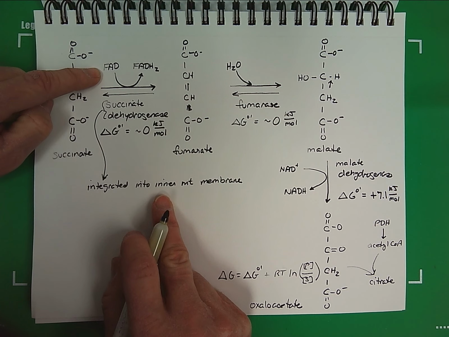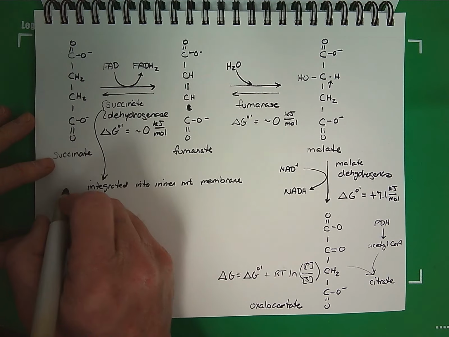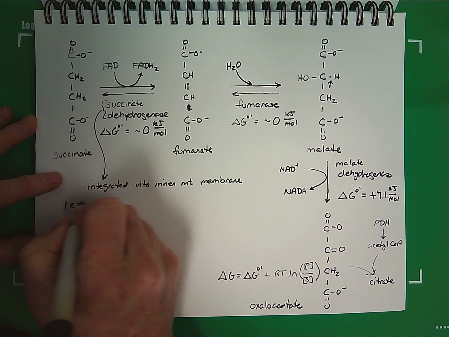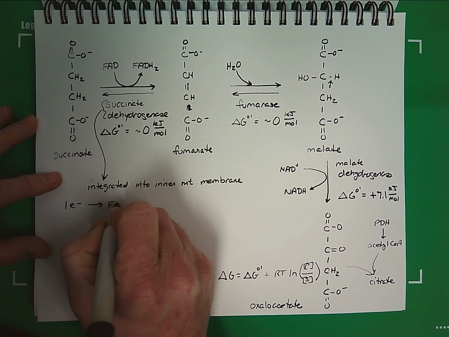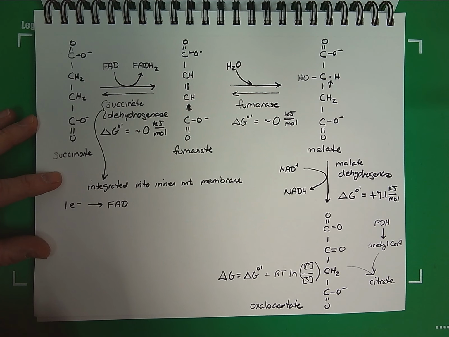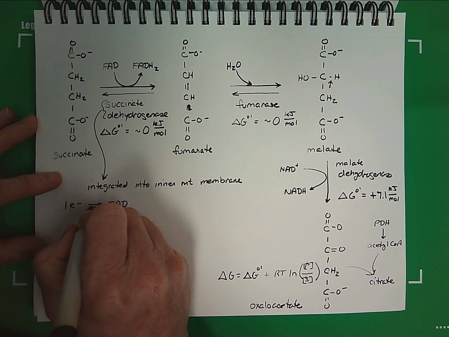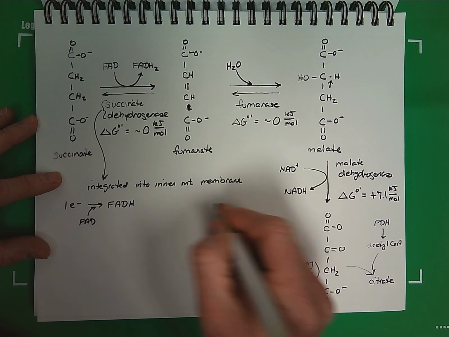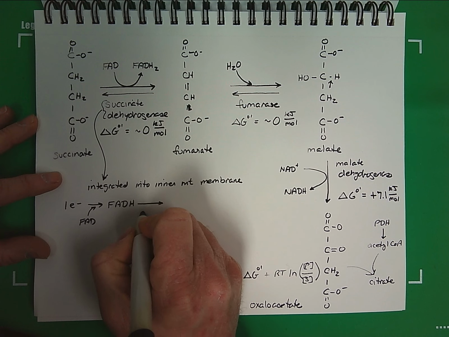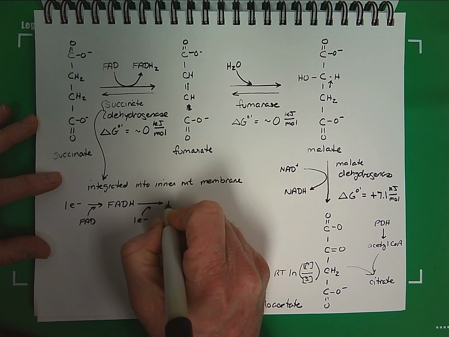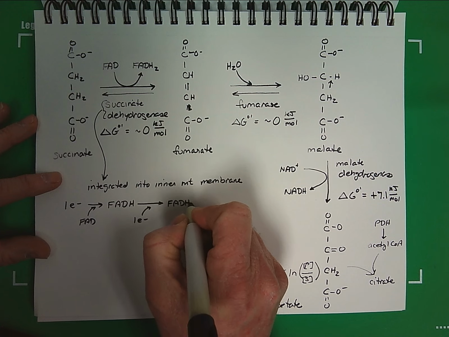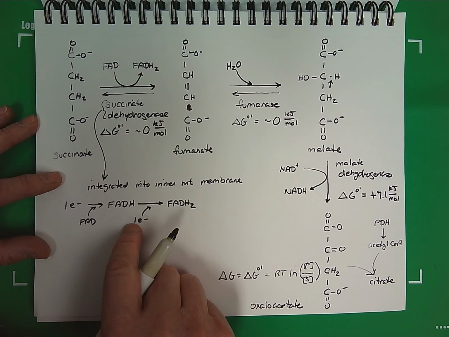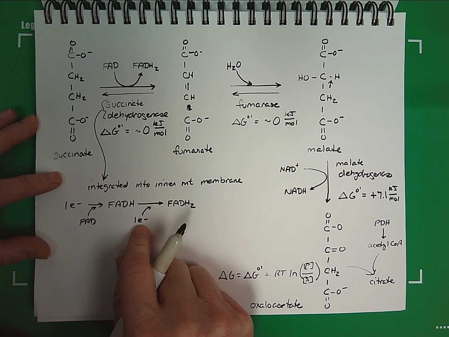The transfer of electrons to FAD occurs in 1 electron transfers. So we are making from FAD to FADH, then we are adding 1 more electron to make FADH2. Whenever single electrons are added, single electrons are very dangerous. They have to be controlled, the movement.